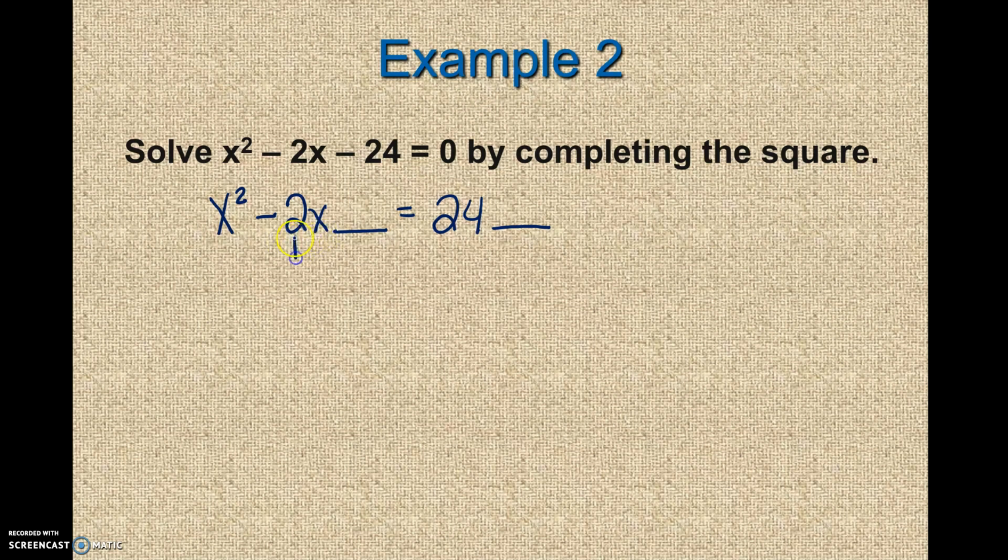All right, this middle number is 2 times something. What number times 2 gives us negative 2? Negative 1 times 2 gives us negative 2. That number is negative 1, so we need to do negative 1 squared. What's negative 1 times itself? Positive 1. So add 1 to both sides.